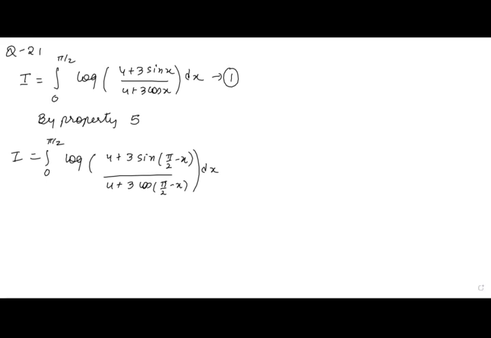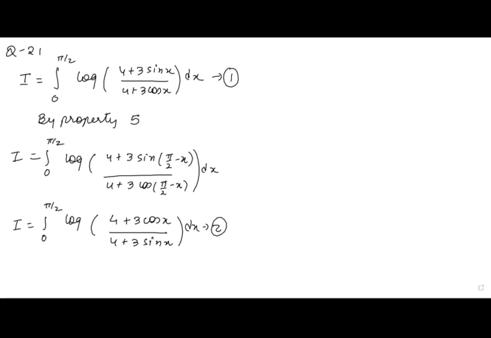You know that pi by 2 will change the function, and as pi by 2 minus x is going in first quadrant, sign will not change. So I will get log of 4 plus 3 cos x upon 4 plus 3 sin x dx.